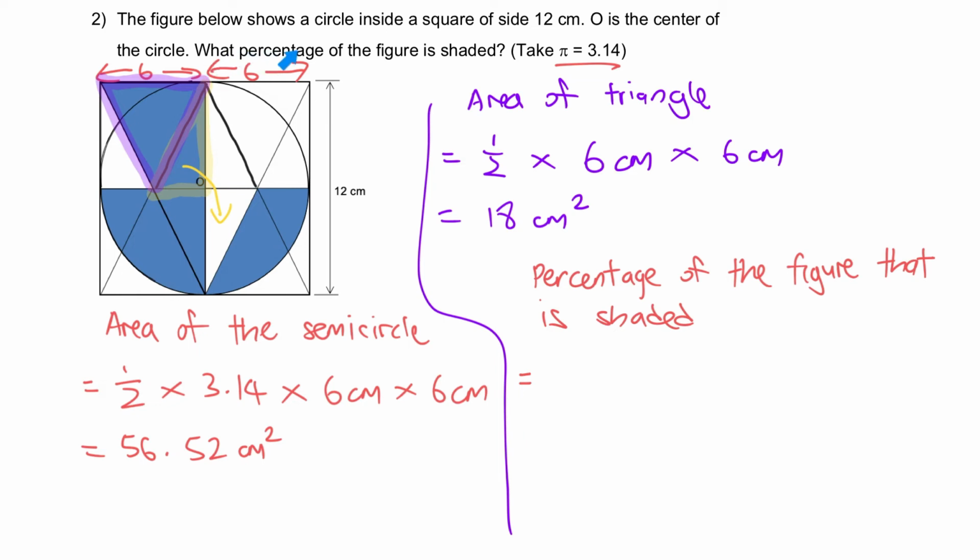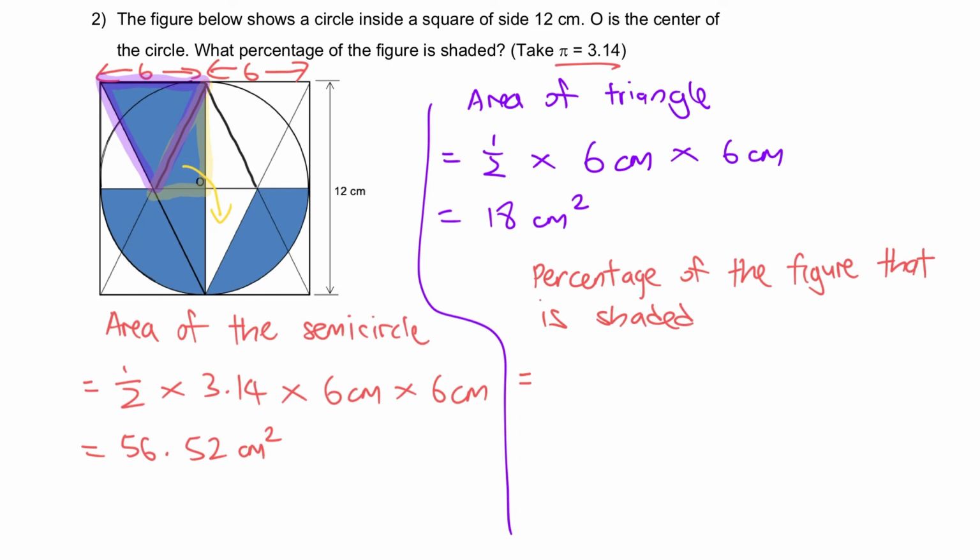Instead of finding the percentage first, you can figure out what fraction of it is shaded. We have learned that since primary 5, isn't it? So what fraction of the entire figure is shaded?